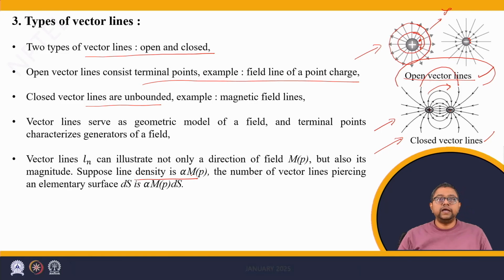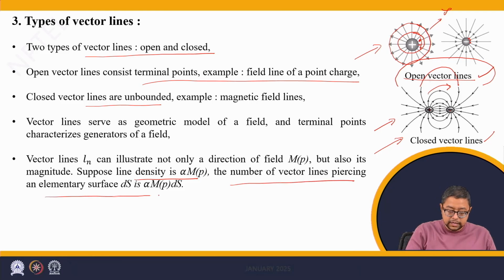So thus, if the line density is alpha mp, the number of vector lines piercing any elementary surface ds can be obtained as alpha mp into ds. So this is by definition of the line density.